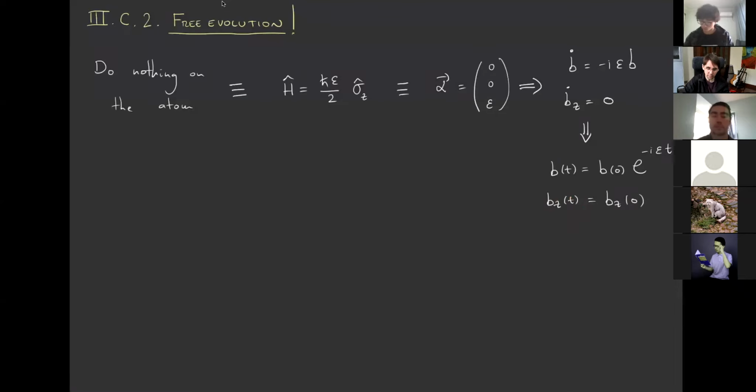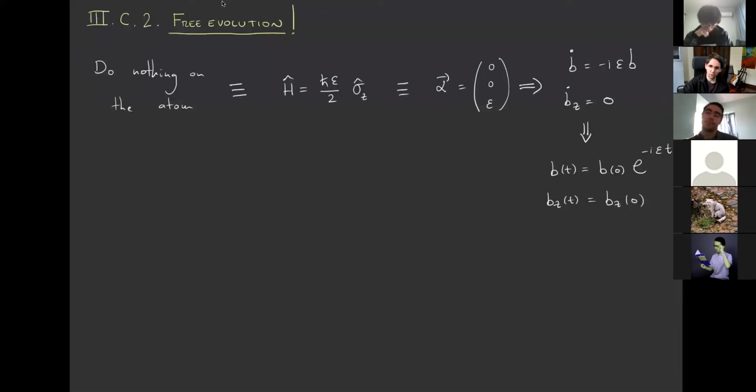So in other words, if you prepare a state that has some population in the excited state and some population in the ground state, those probabilities of being in the ground state and in the excited state will not change in time. And this you also saw in the first exercise that you did regarding basic quantum mechanics, that the probability of being in the eigenstates of the Hamiltonian doesn't change in time, obviously.